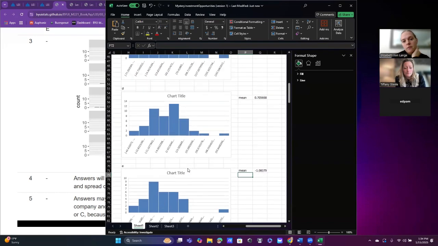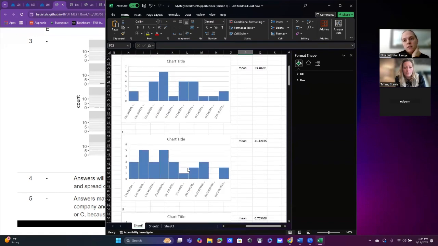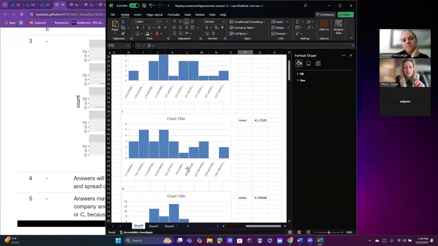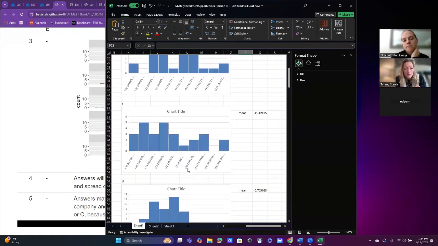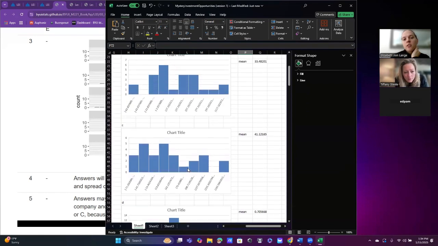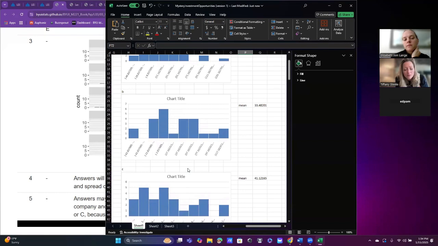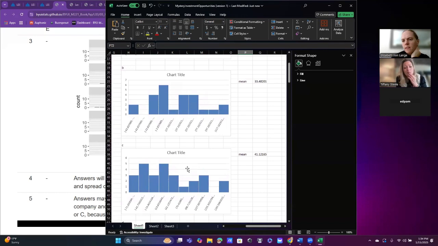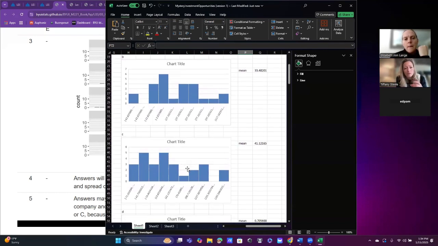Now, the answer key says B and C, because they have the highest mean, which is the highest average. Would you now consider C right skewed too? Are B and C considered right skewed?